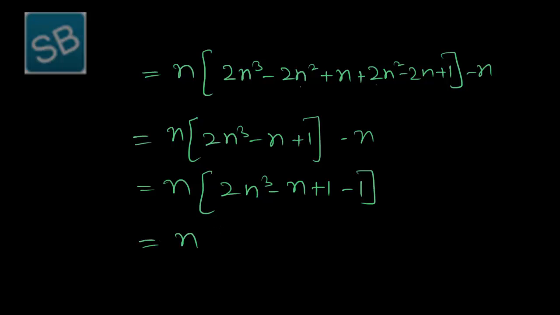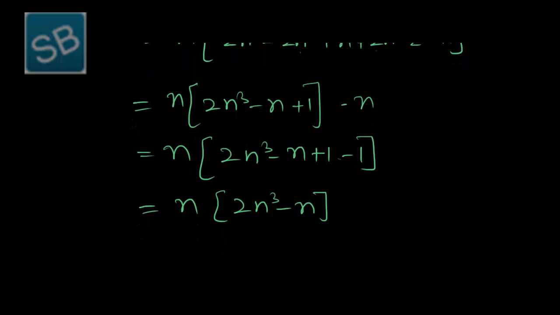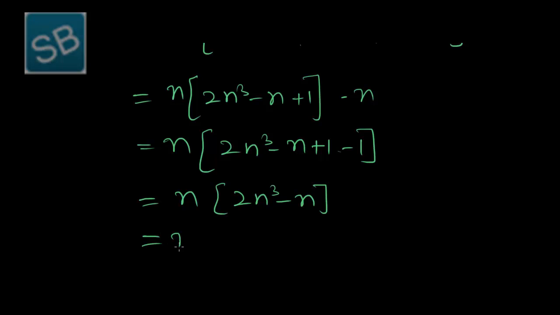So we get n into 2n cube minus n. 1 and 1 is cancelled out. So we get n into n is again common out in the bracket 2n square minus 1.